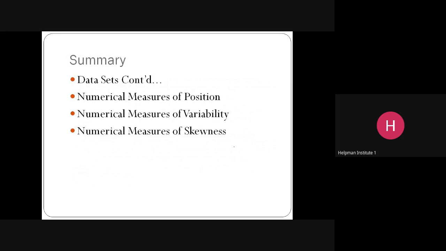Now, summary. Today we explained data sets, and from our last class, we see that three data sets are usually used in statistics: the cross-sectional data, the time series data, and then the panel data.